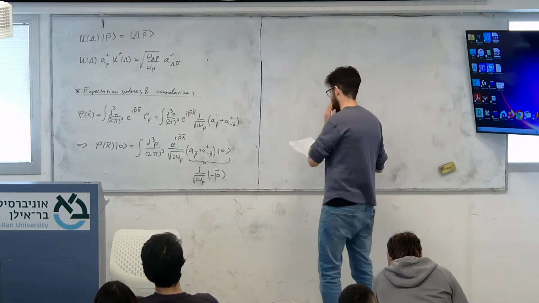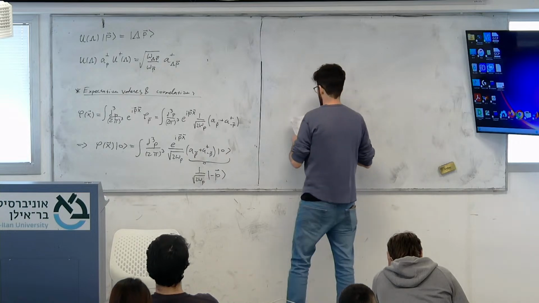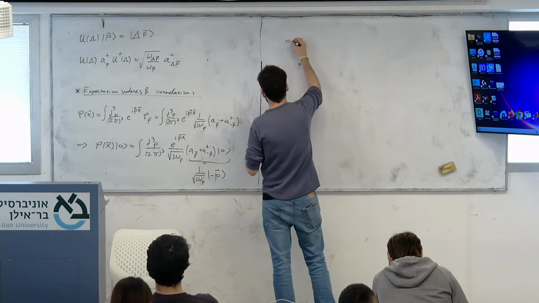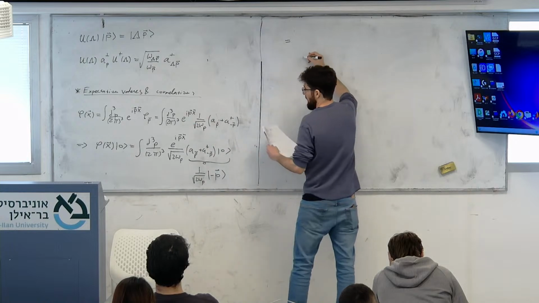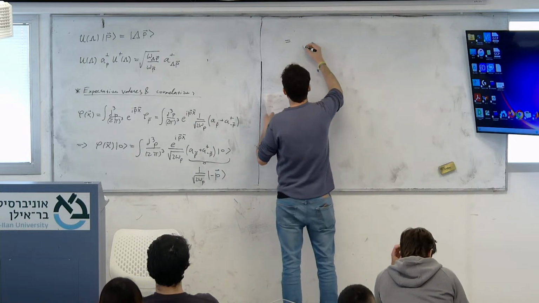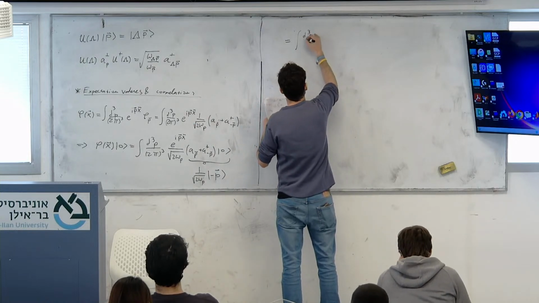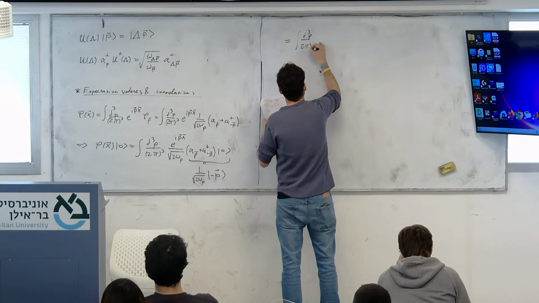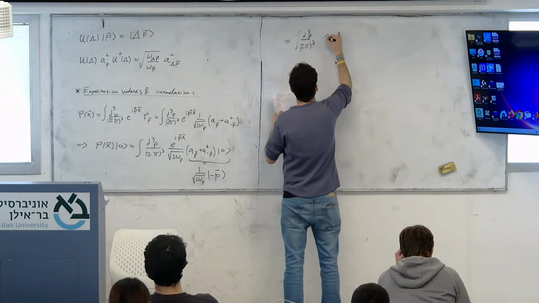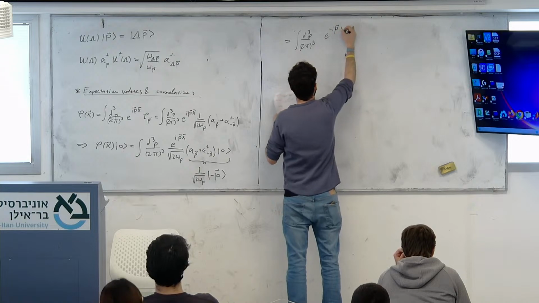And then we have that phi acting on the vacuum is an integral d3p divided by 2 pi cubed e to the minus ipx.